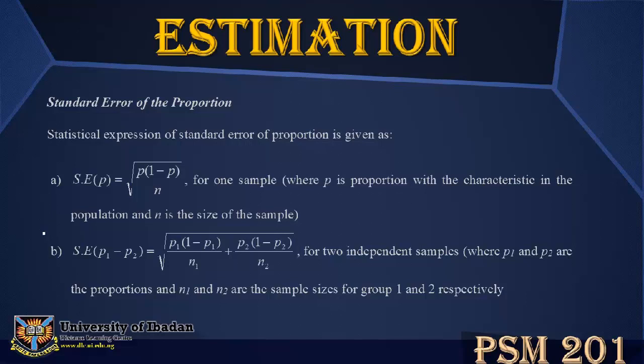B. SE(p1 minus p2) equals the square root of p1(1 minus p1) over n1 plus p2(1 minus p2) over n2 for two independent samples, where p1 and p2 are the proportions and n1 and n2 are the sample sizes for group 1 and 2 respectively.